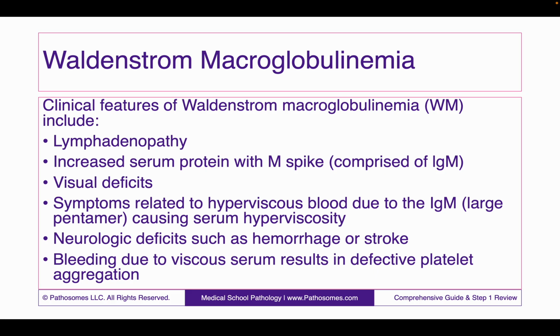Visual deficits may occur, even symptoms related to hyperviscous blood due to the IgM, which are large pentamers, causing serum hyperviscosity, which may precipitate neurologic deficits such as hemorrhage or stroke, and even bleeding due to the viscous serum resulting from the defective platelet aggregation.